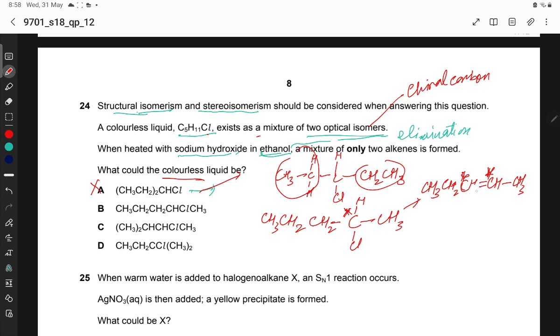This is cis-trans, two isomers, and similarly CH3, CH2, CH2, CH double bond. This is another isomer. Two products are formed, cis-trans 1 and 2 isomers, and this is another isomer.